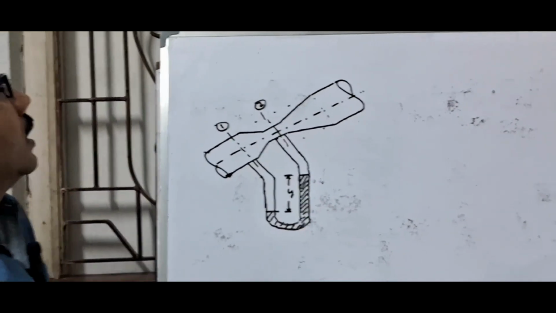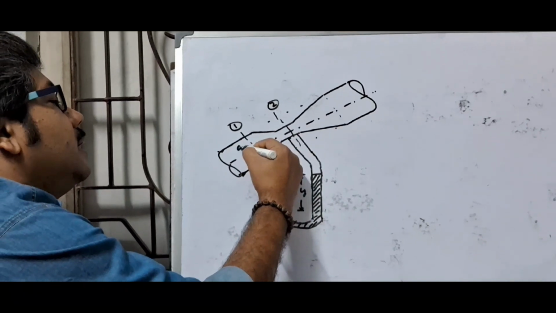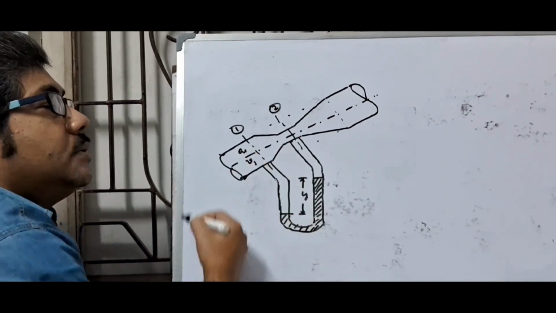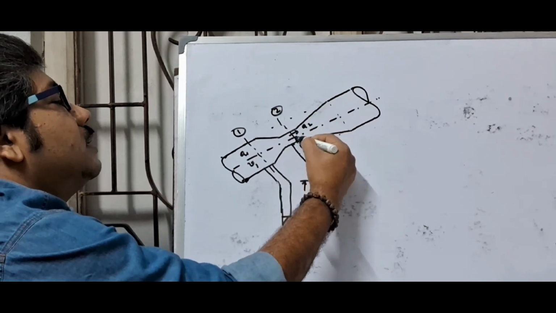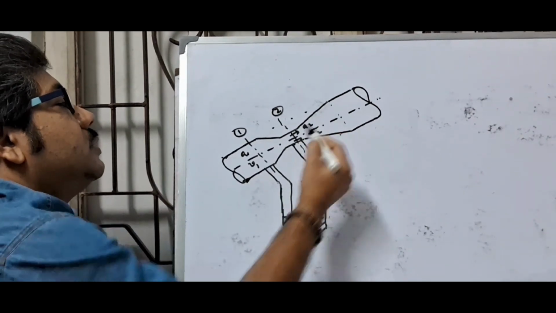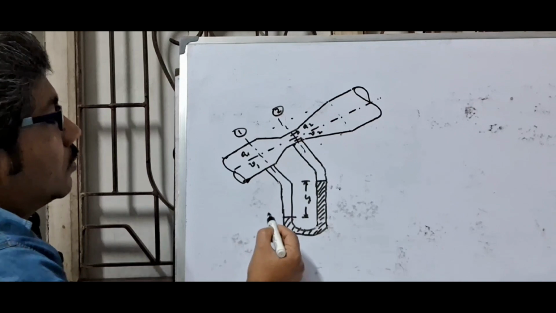And here area A1, velocity V1, and at throat this is area A2 and velocity V2.